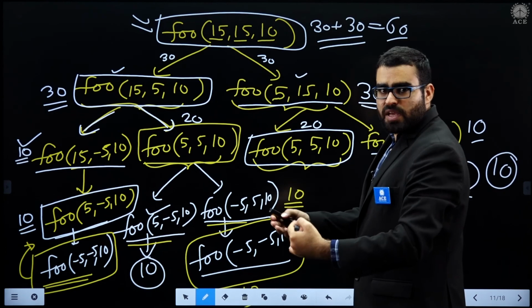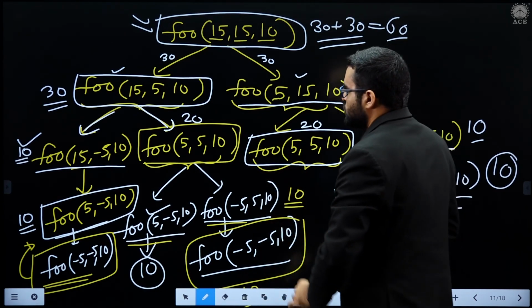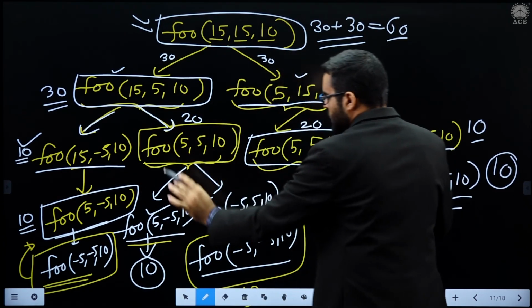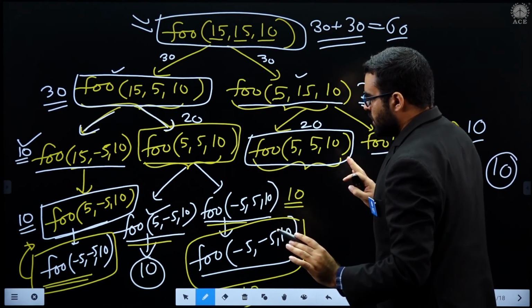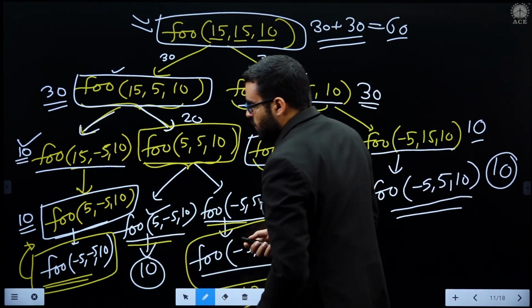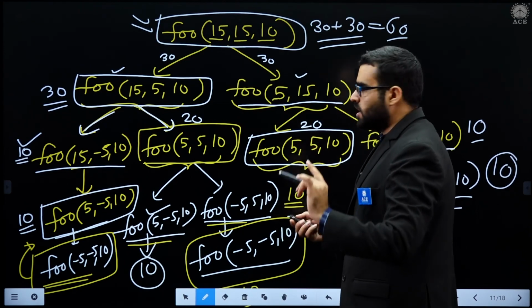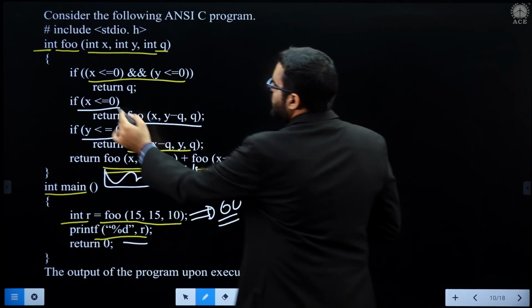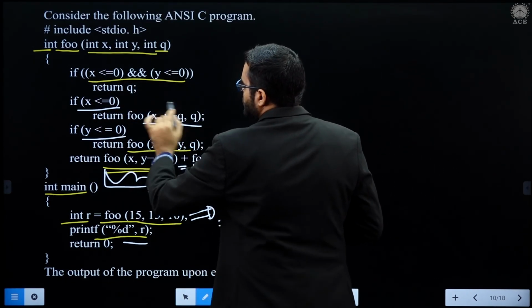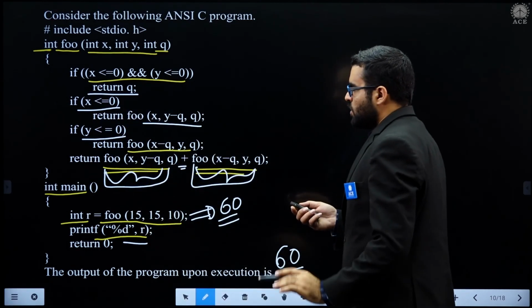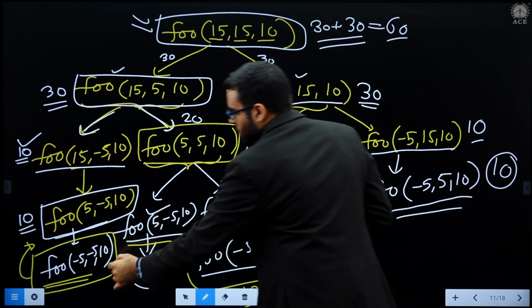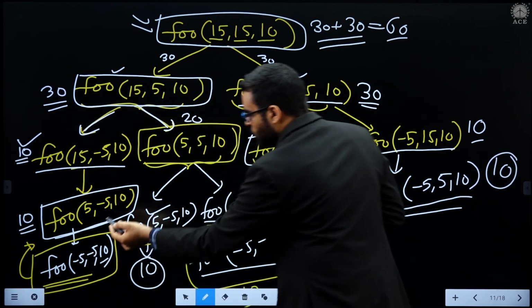Again we do this recursively, and when we do this recursively, we get this tree structure. At the end, when both x and y are less than or equal to 0, we return the value q.